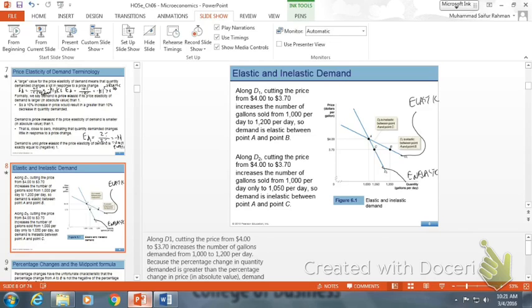Yeah, it's 1,200, right? I apologize. It's 1,200 here. So it's minus 200 divided by 1,200. 2 cancels out. This is like 1 divided by 6, right? Do you all see that? Try to compare the percentage change in quantity demanded before. It was 20%. Now it is 1 divided by 6, right? Fundamentally different number.